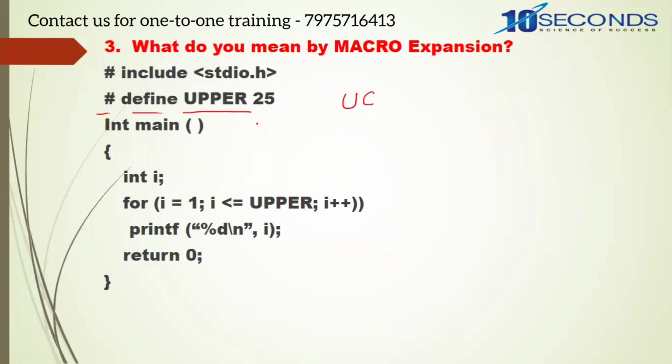That will lead to a logical error. And logical errors are the most dangerous errors, because nobody will warn you. For a syntax error, at least the compiler will warn, but for a logical error, nobody will. By using macro expansion or symbolic constant, we can eliminate logical errors very easily.